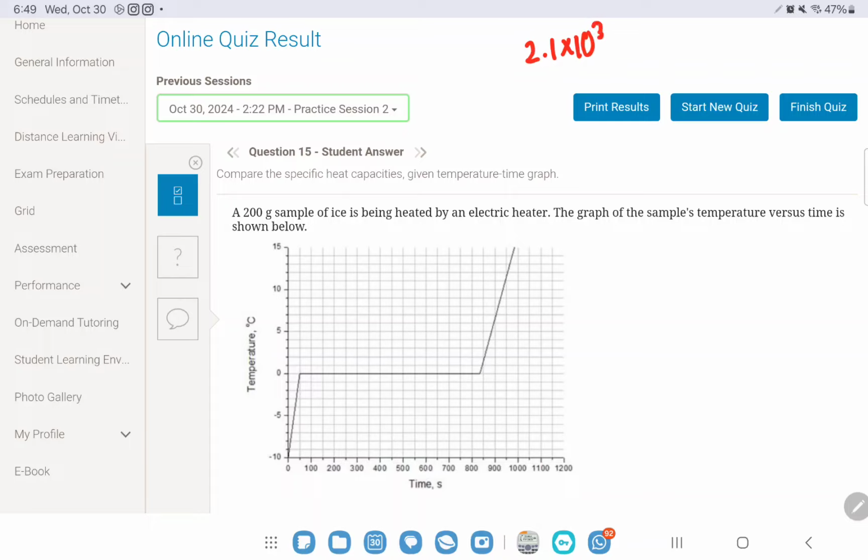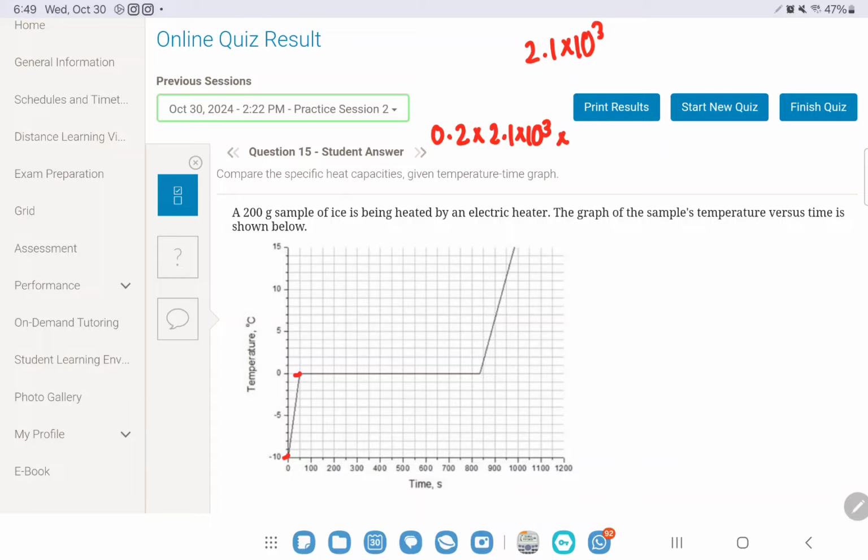So we have 200 grams of ice, which is M, which is 0.2 kilograms, times 2.1 times 10 power 3, multiplied by delta T, which is, I'm going to take here to here, which is going to be at 50 seconds.